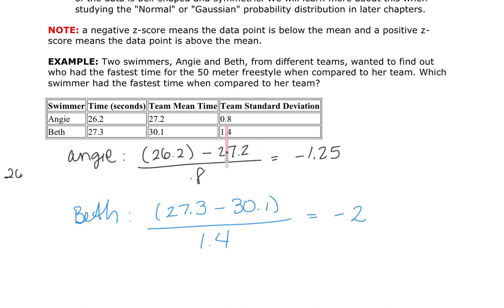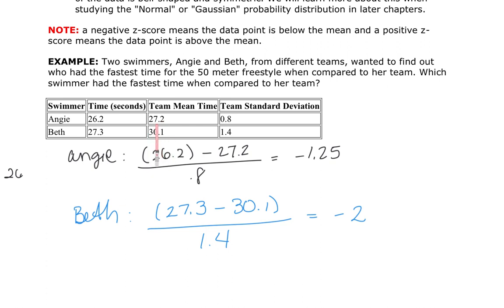Now let's talk a little bit about these standard deviations. Angie's team, because it's a 0.8, says that almost everyone on Angie's team is pretty clustered close to the mean team score. Beth's team, which has a standard deviation of 1.4, isn't as close to the mean average time.